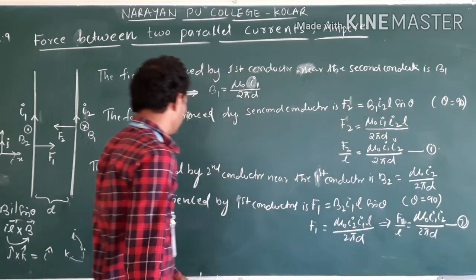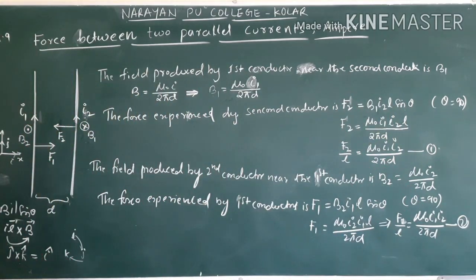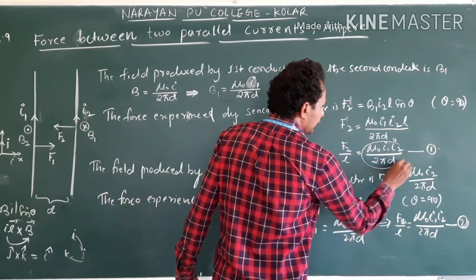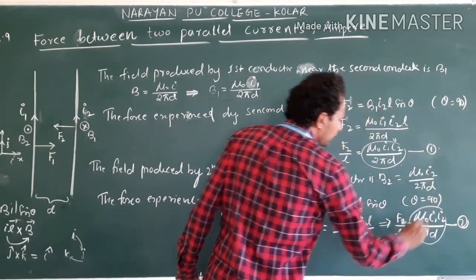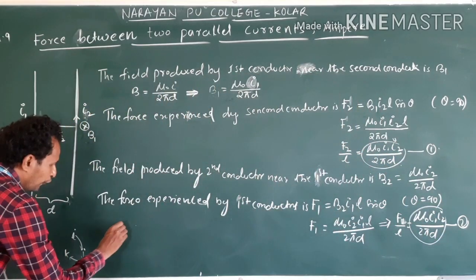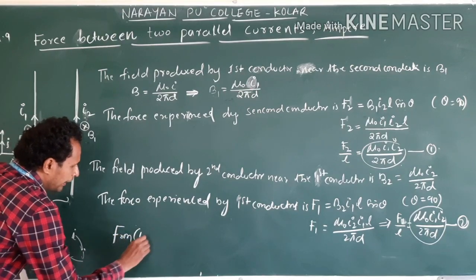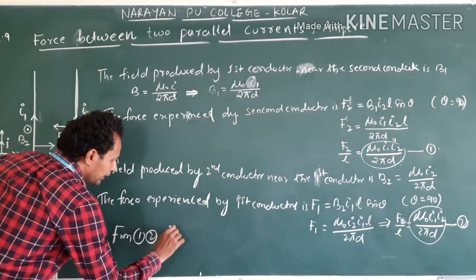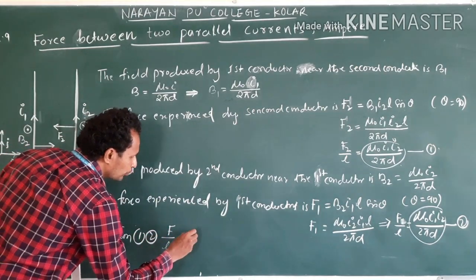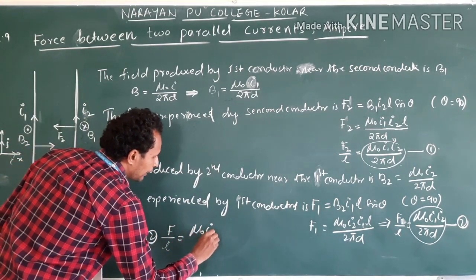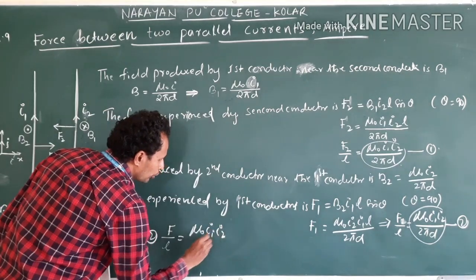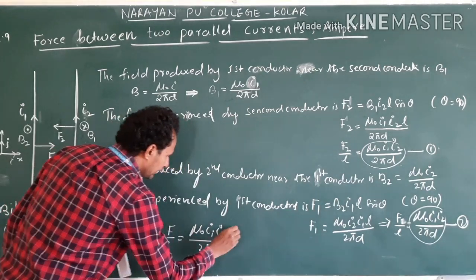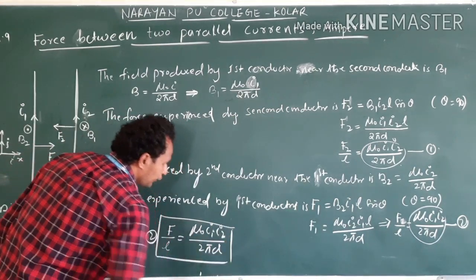Equation 2. Clear? See, observe equation 1 and 2. This side, this one and this one remain the same. So from 1 and 2, both are same, we can write simply F by L is equal to mu naught I1 I2 by 2 pi d. This is the derivation.